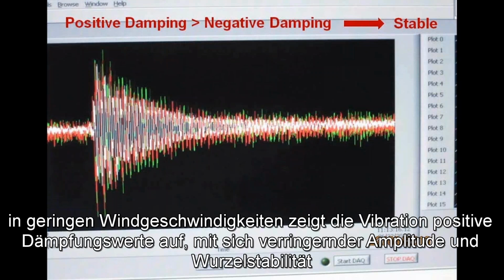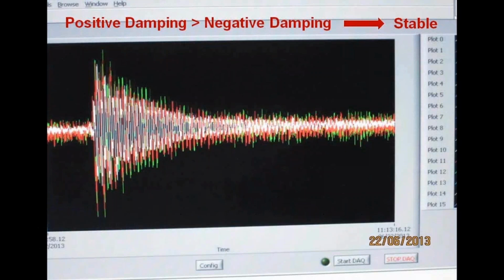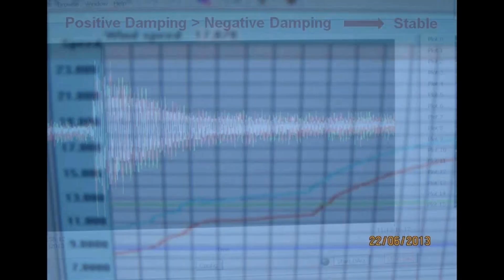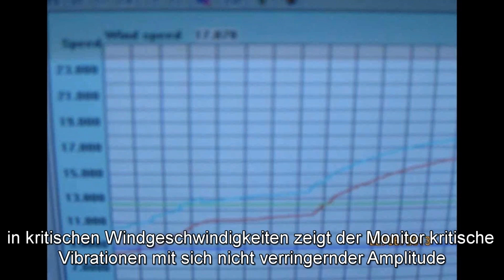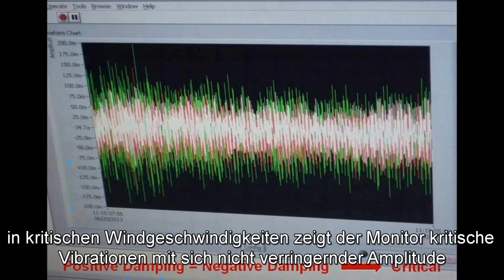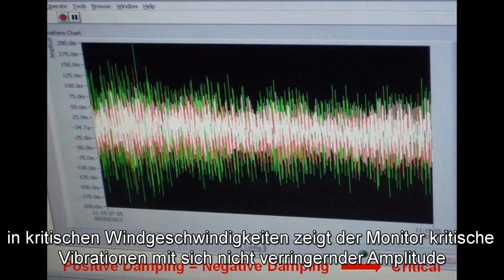At a low wind speed, the vibration represents a positive damping property with decreasing amplitude and good stability. At a critical wind speed, the monitor shows a critical vibration with no decreasing amplitude.